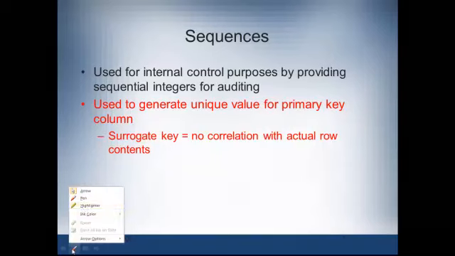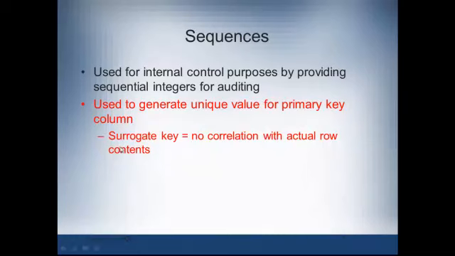We see here a definition for a surrogate key. It is very common for surrogate key fields to be created as the primary key for a table. Surrogate means it doesn't have any real correlation with the actual contents of the table.